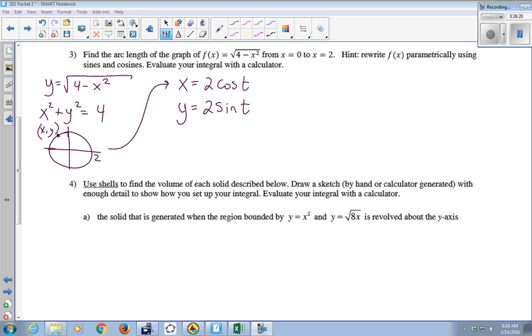And then you just let t go from 0 to 2 pi, and that will get you a full rotation around the circle. So this is your parametric definition of the circle. Circle defined parametrically, and then you can use the parametric formula to find the arc length once you have it done that way.